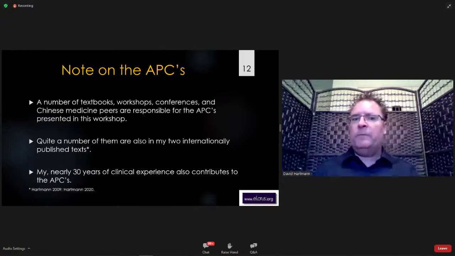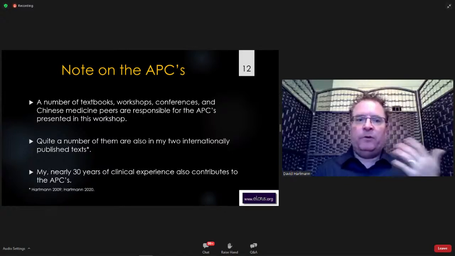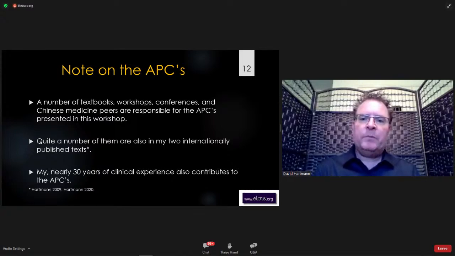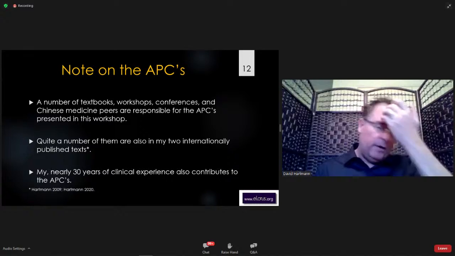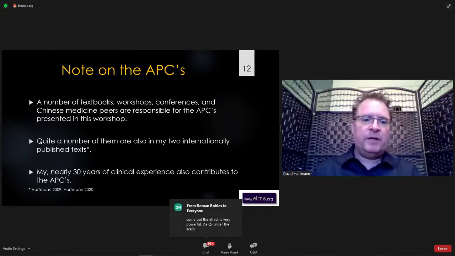So I often merge treatments or add in points from Deadman et al. Workshops, if I get some really good points and I try them out, same at conferences. And obviously Chinese medicine peers are important as well. Through that process, these workshops get built, and then the textbooks that I've written get built. So some of the point combinations come from there.